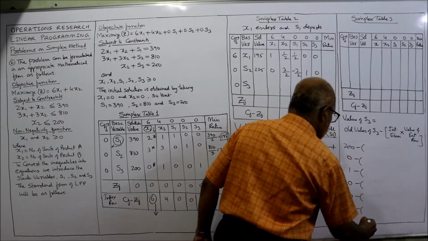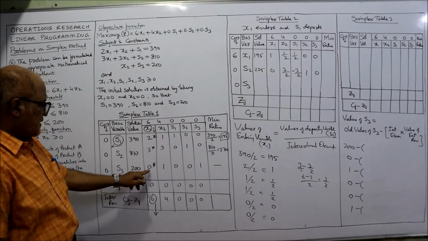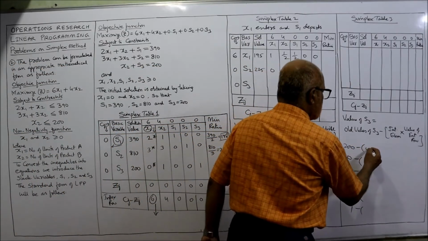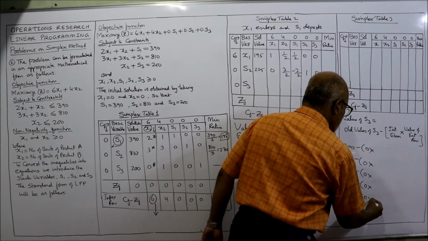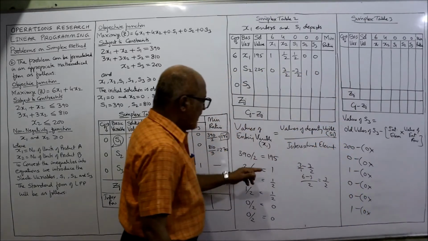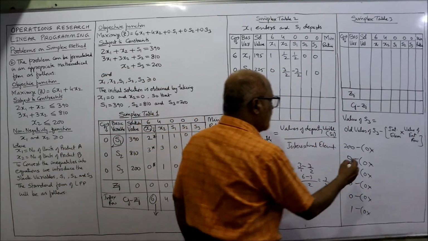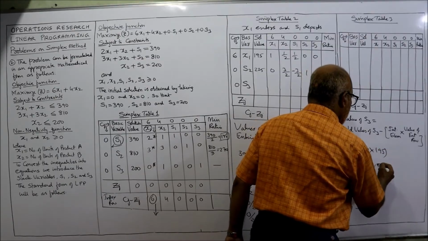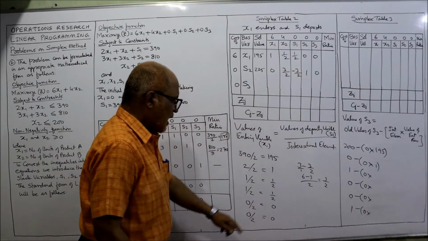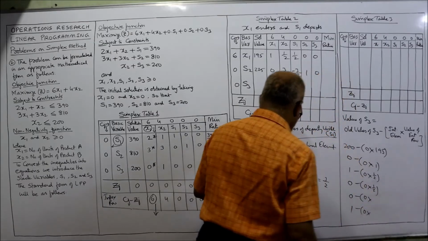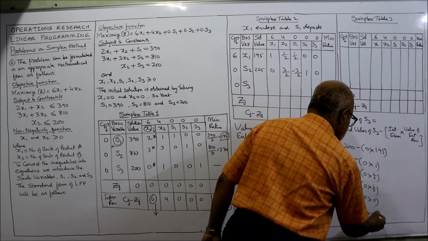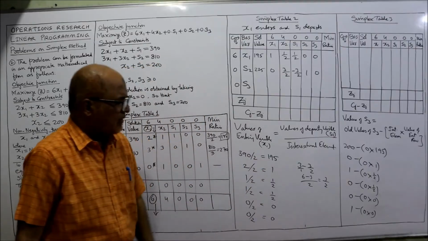What is the intersectional element of S3? 0, into the values of the entering variable. What are the values of the entering variable? 195, 1, 1 by 2, 1 by 2, 0 and 0.